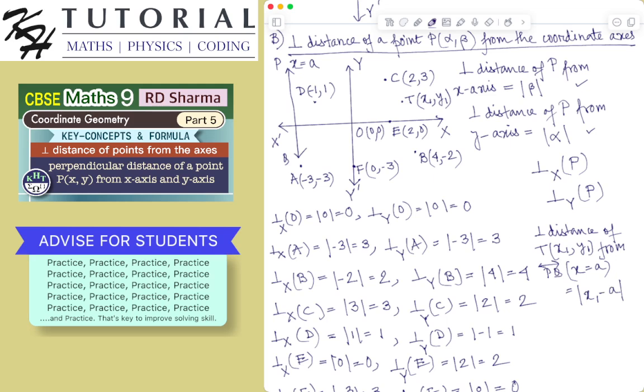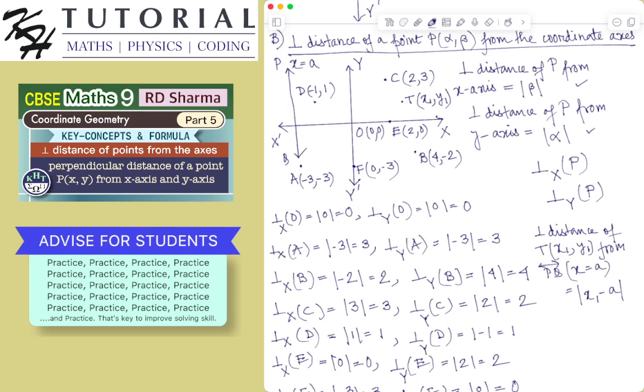The modulus of x1 minus a, or the numerical value of x1 minus a, will be the perpendicular distance of the point T whose coordinates are x1, y1 from the line PQ, whose equation is x equals a, and this line is obviously parallel to the y-axis.